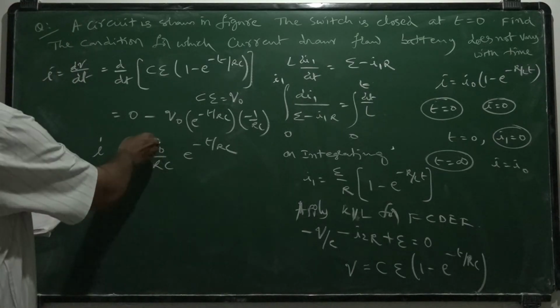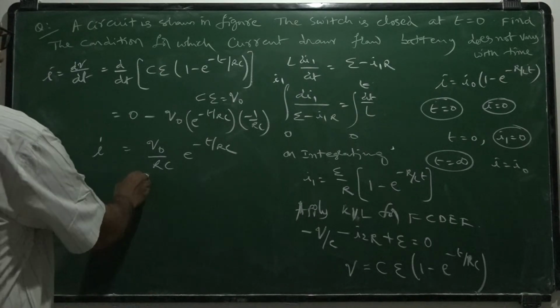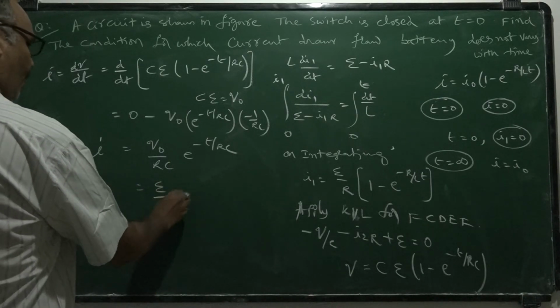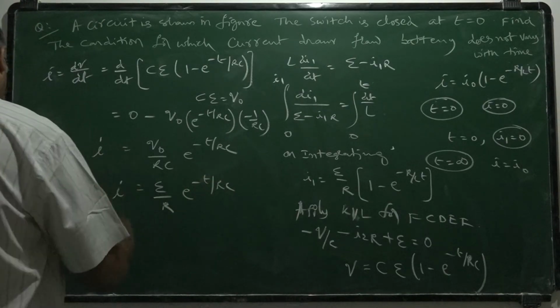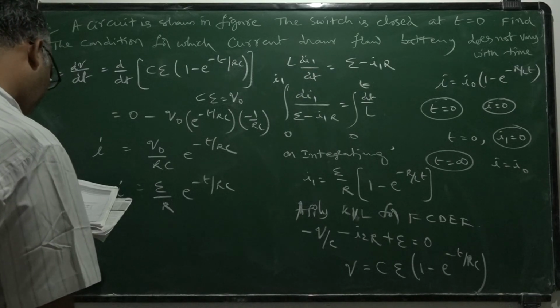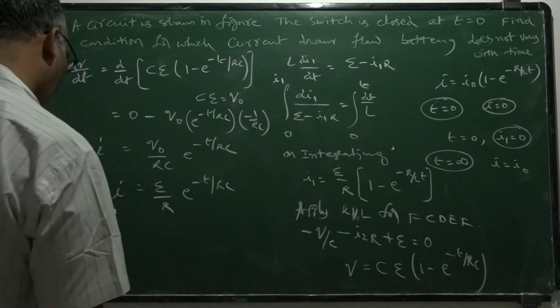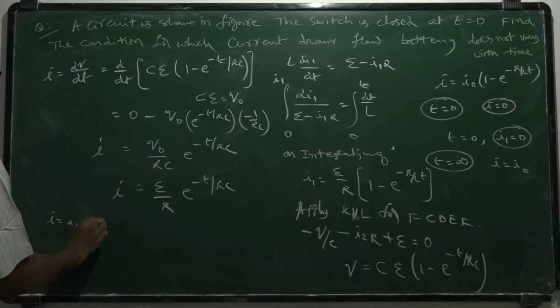Q naught can be written as CE, and C gets cancelled. Then you will get E by R into e power minus t by RC as the strength of the current passing through the circuit. And you know that I is equal to I1 plus I2.